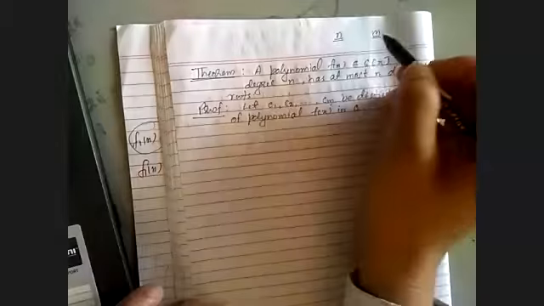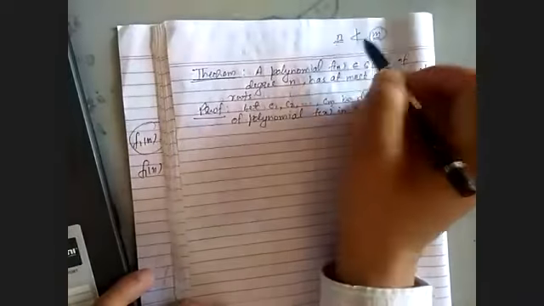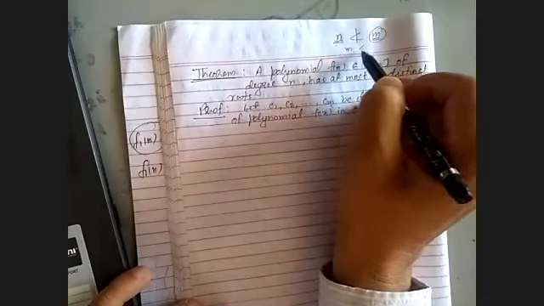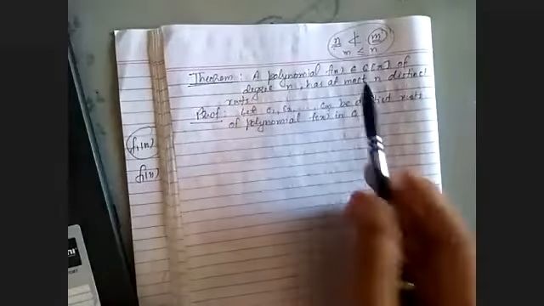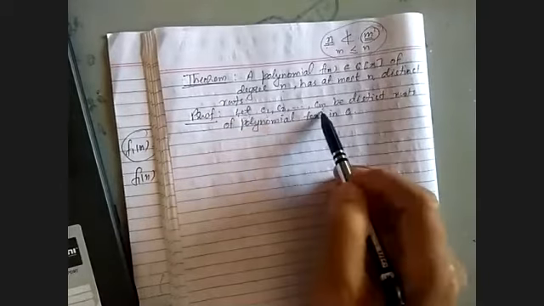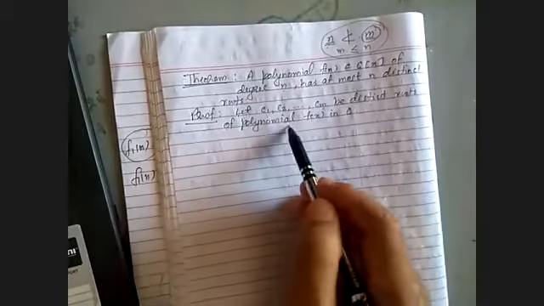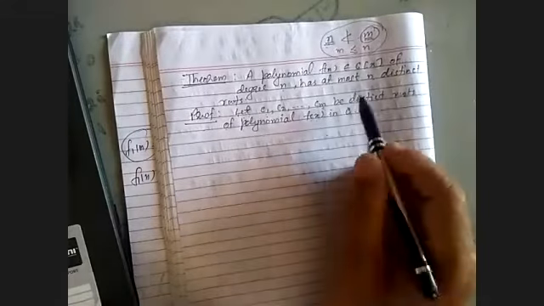So we have to show here that these roots cannot exceed the degree of the polynomial, and m will always be less than or equal to n. That is our theorem, that a polynomial f(x) of degree n has at most n distinct roots. It cannot exceed n. So we have taken here, let c1, c2 up to cm be distinct roots of the polynomial f(x) in C. Then I will show you that m is less than or equal to n finally.